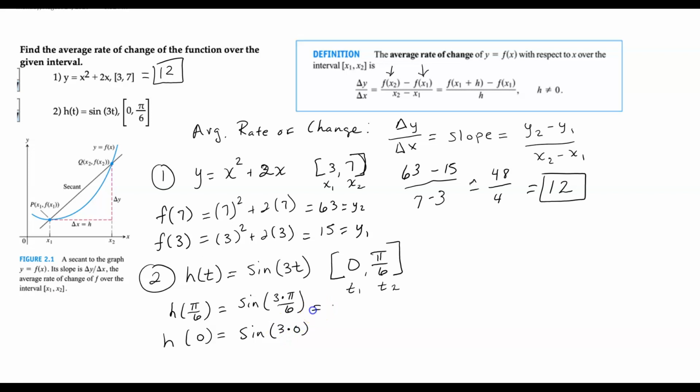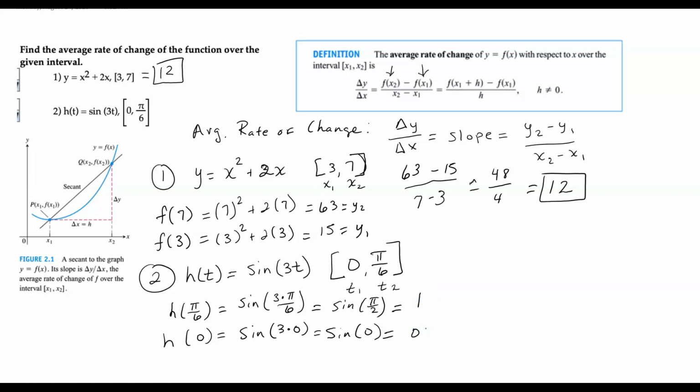Well, that's not too bad. All right, this one works out to be 3 pi over 6 is pi over 2, and then the sine here is going to be the sine of 0 because 3 times 0 is 0. So if you know anything about your unit circle, you know that the sine of pi over 2 is 1 and the sine of 0 is 0.